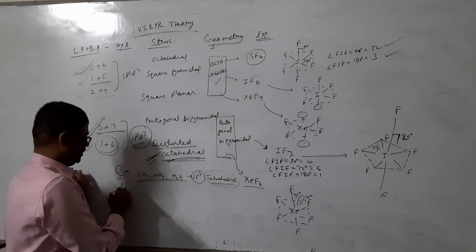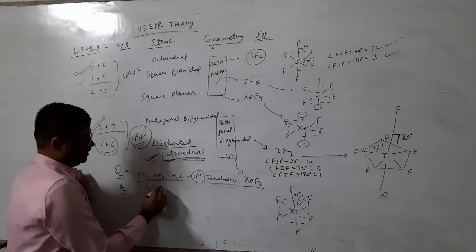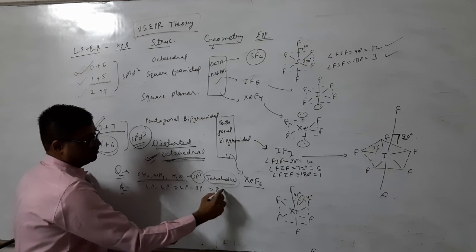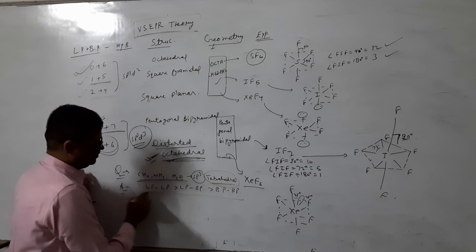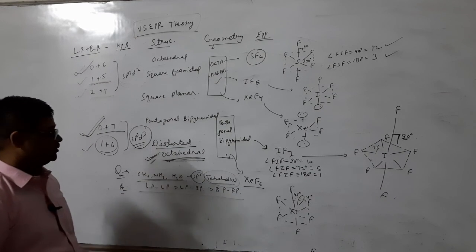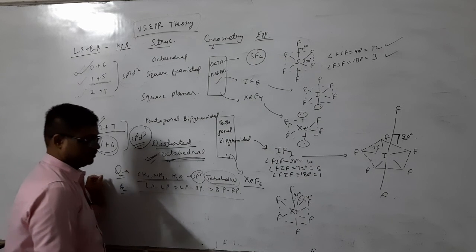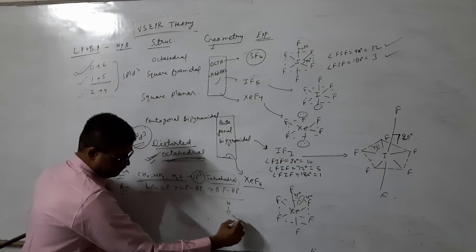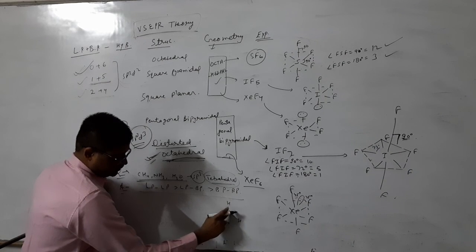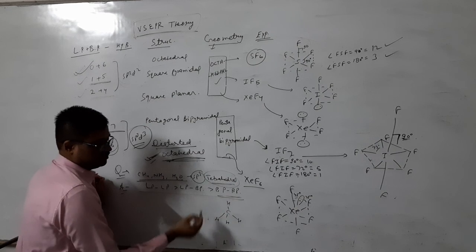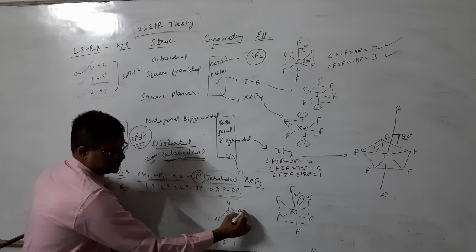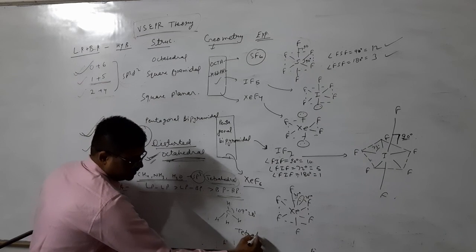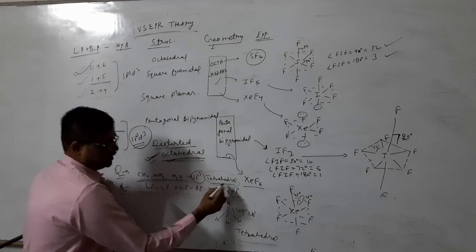The point is that LP-LP repulsion is more powerful than LP-BP repulsion and BP-BP repulsion. This is a very important point. If I take CH4, all are bond pairs, so bond pair repulsion takes place. So regular geometry is there, 109 degrees 28 minutes, and the structure will also be the same, tetrahedral.